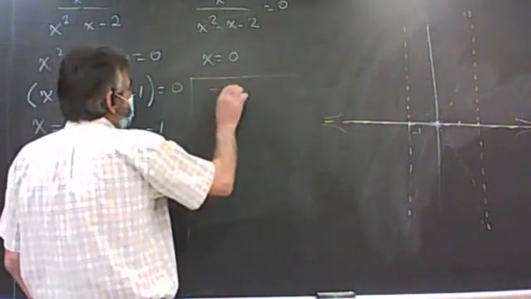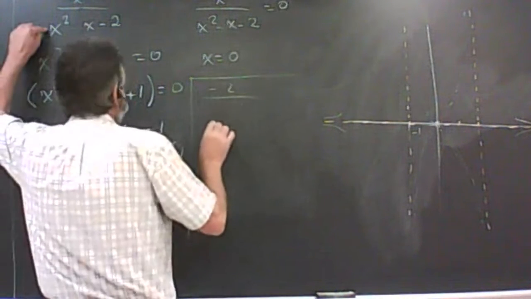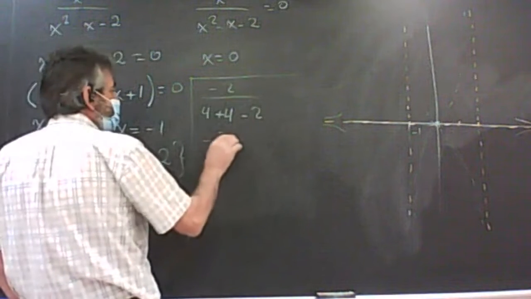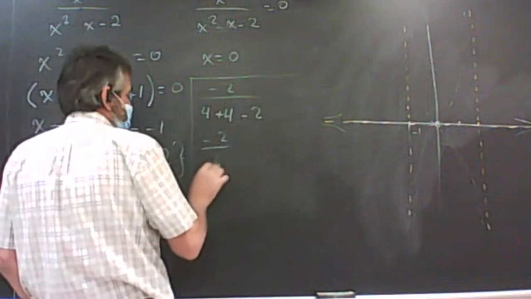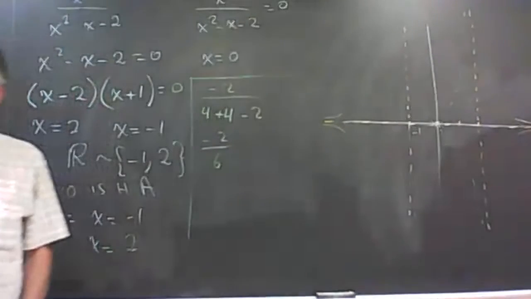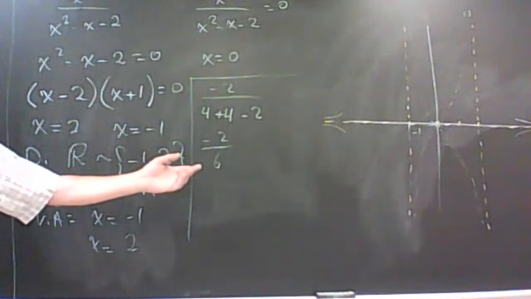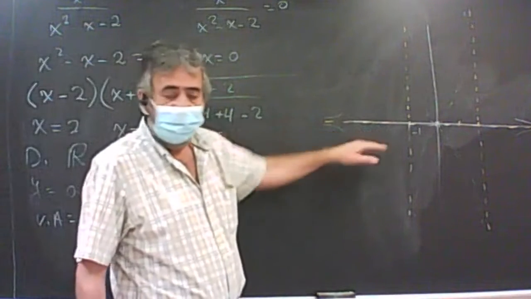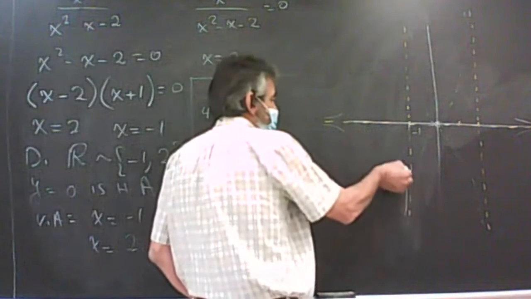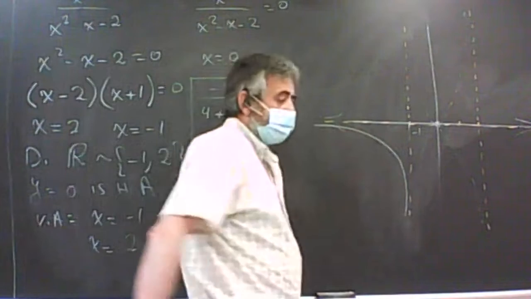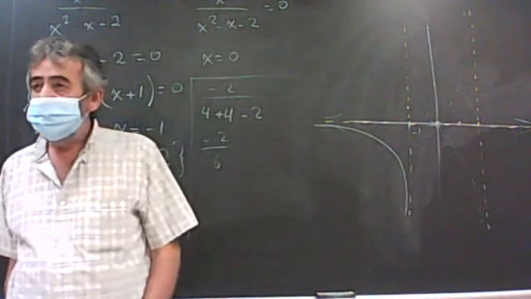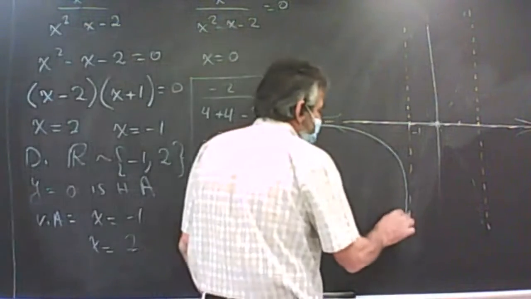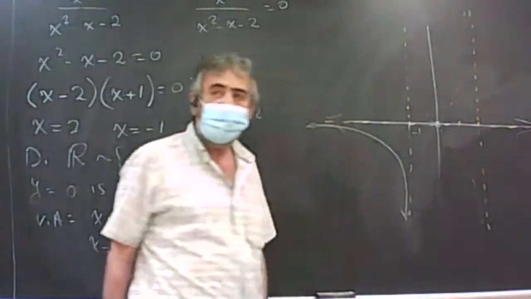So -2 over 4 plus 4 minus 2 will be -2 over 6, yeah? That's going to be a negative number. So I'm going to be below this line. So that's the first one. Of course, you can add a couple of arrows to indicate it continues on.